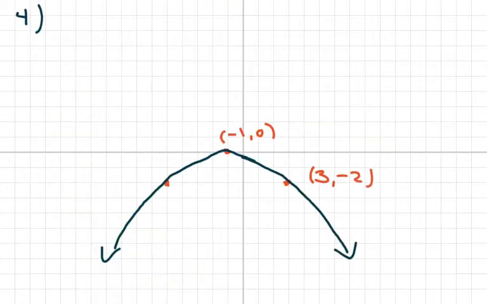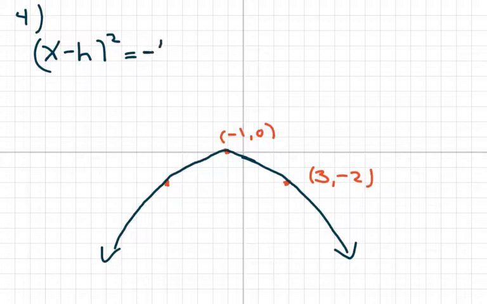All right. Now this one opens down. So your standard form for this is the same as before. Oh, my center is a little different. So I'm going to put the h, k in there. Equals, and you can have negative 4a times y minus k. Now we can just plug everything in.